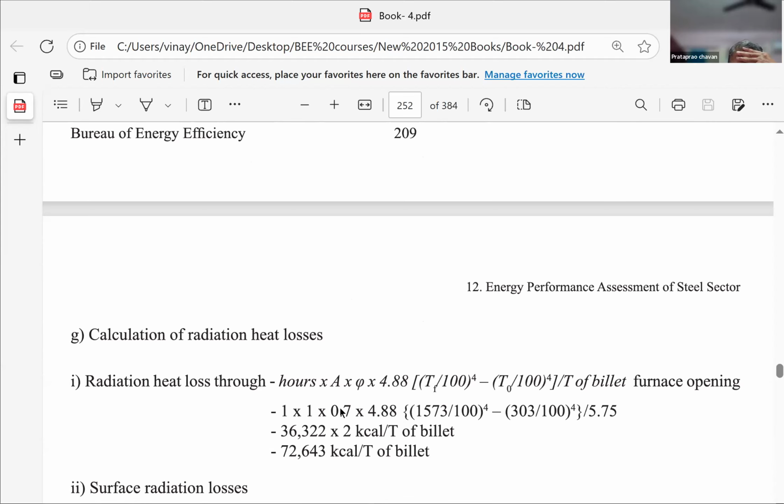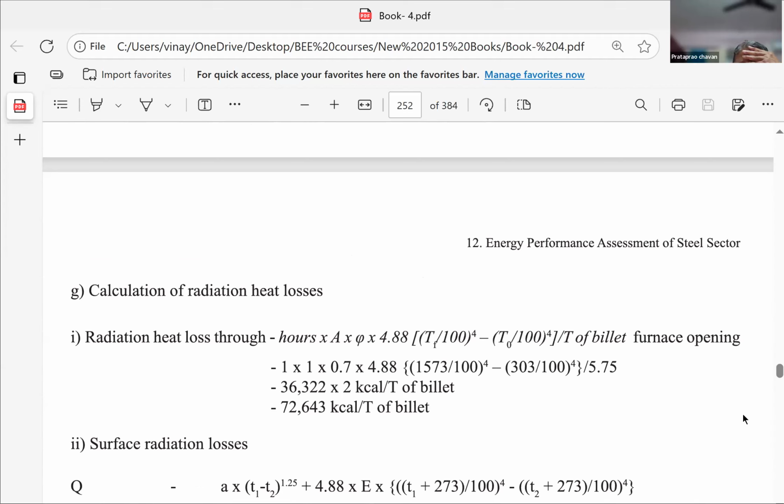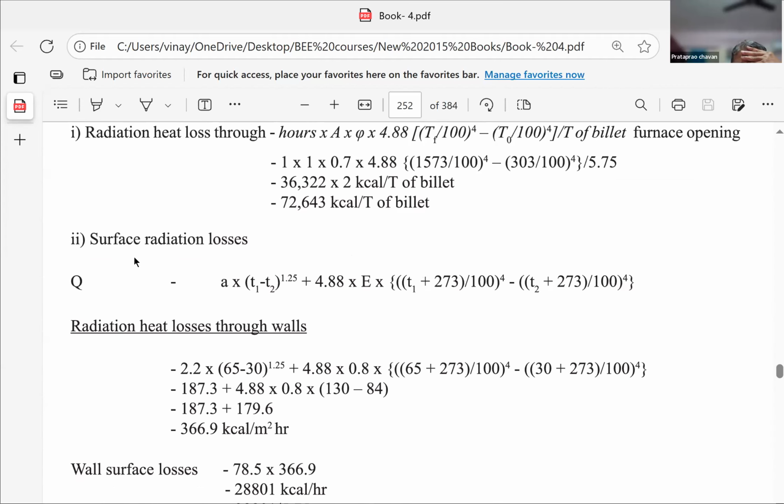See, radiation loss through area into hours into area into specific radiation factor, plus so much furnace opening. How many doors? Two doors are there, and then the parameters are there. Specific radiation losses. Heat radiation losses through walls. Walls means the insulation, inefficient insulation, I can say.